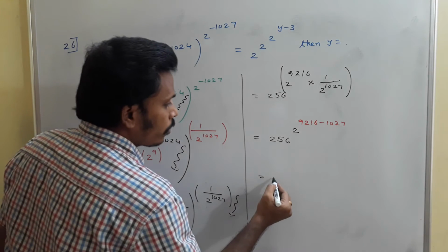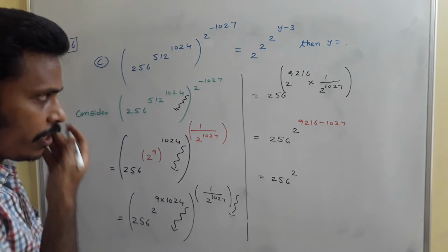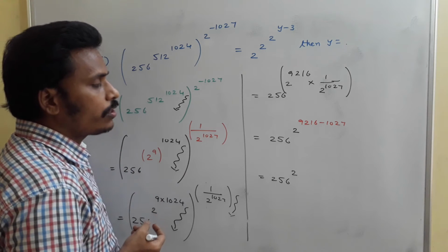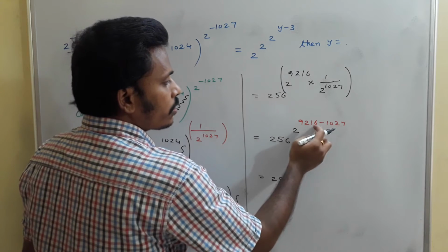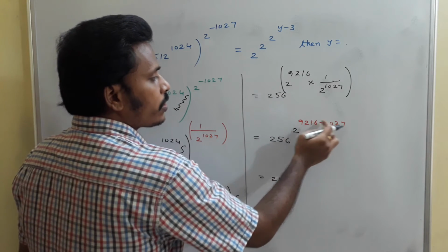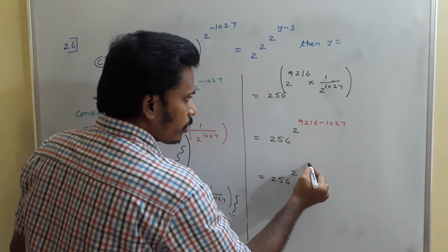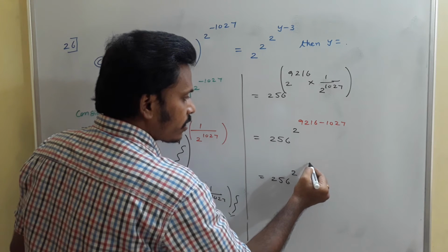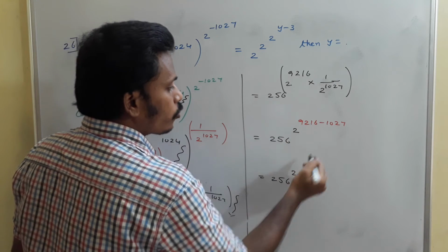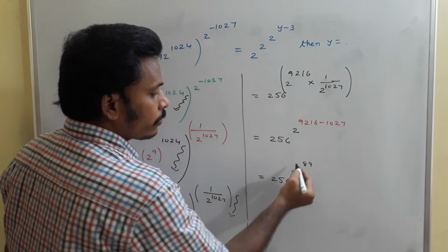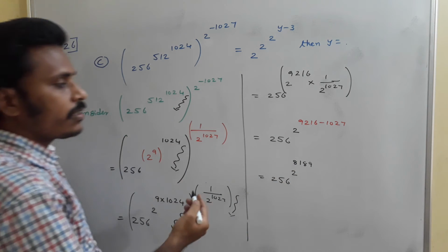What is 9216 minus 1027? 16 minus 7 is 9, and then 9 minus 2, 8. 8189. So that part is 8189.